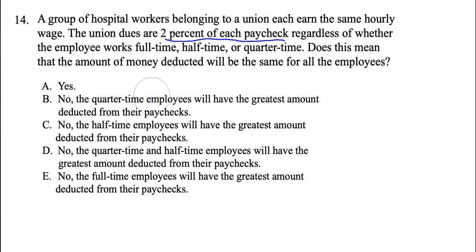Careful here. It's kind of tricky. I'm going to highlight the final question. Right here. Does this mean that the amount of money deducted will be the same for all of the employees?